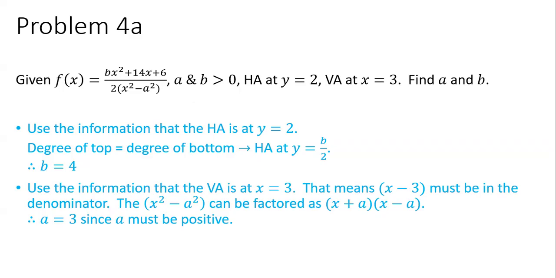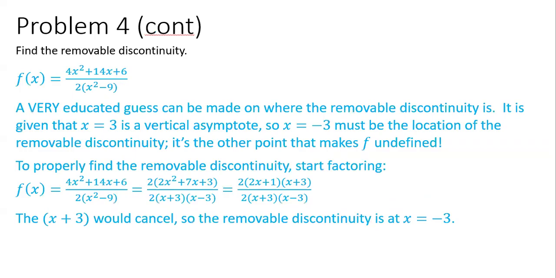Now let's answer part B. To find the removable discontinuity. Okay, so I plugged in my a and b already, right here. This is our f of x, okay? So if we make a very educated guess, we can probably safely guess that the removable discontinuity is at x is equal to 3, minus 3, sorry.